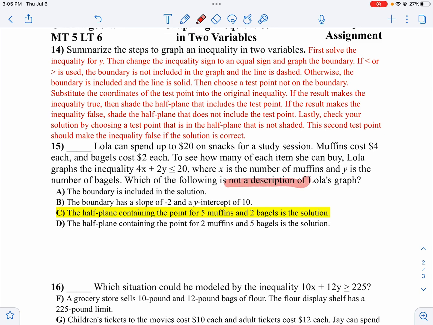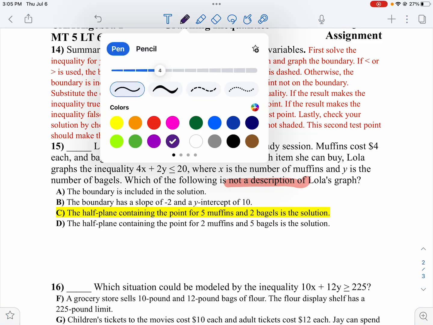Okay, the boundary is included in the solution. That's true, so we don't want to pick that one, because the less than or equal, that's included. The boundary has a slope of -2. Well, let's get y by itself. So minus 4x from both sides.